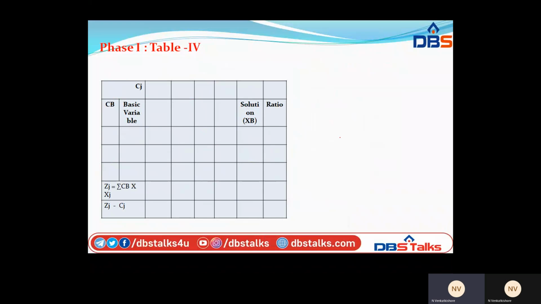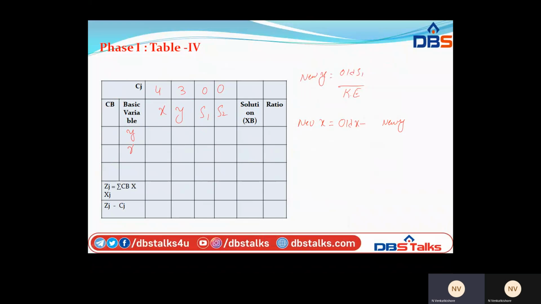Again, new y is equal to old S1 by key element, and new x is equal to old x minus new y. This is common, but which one do we need to replace? That we will see. 4, 3, 0, 0, x is there, y is there, S1, S2.